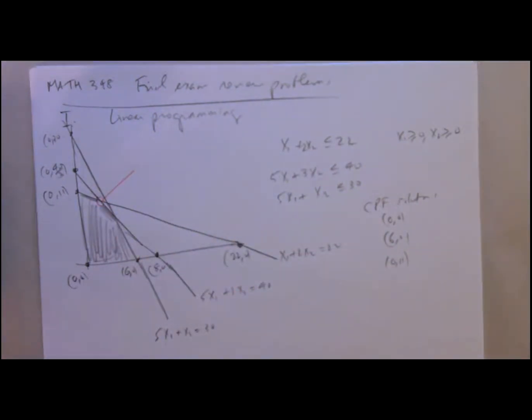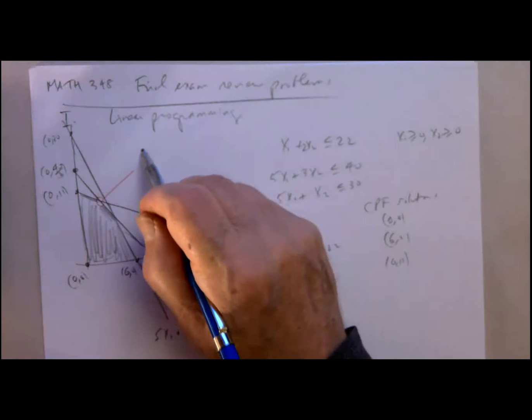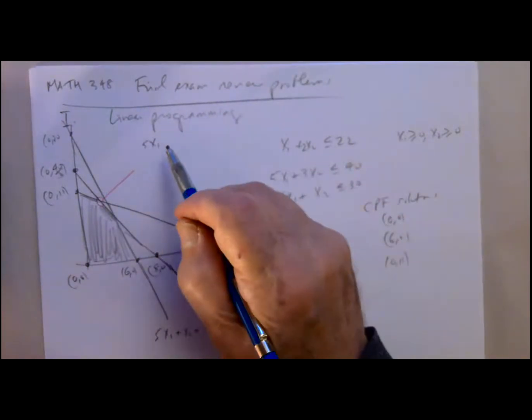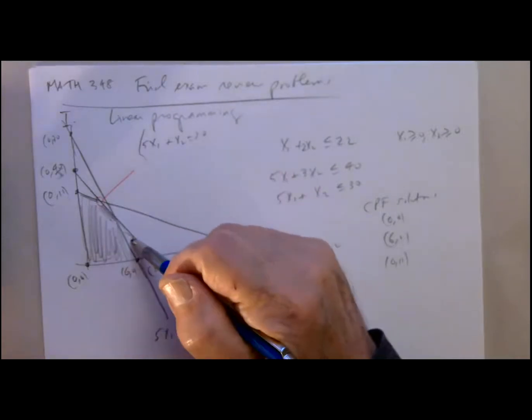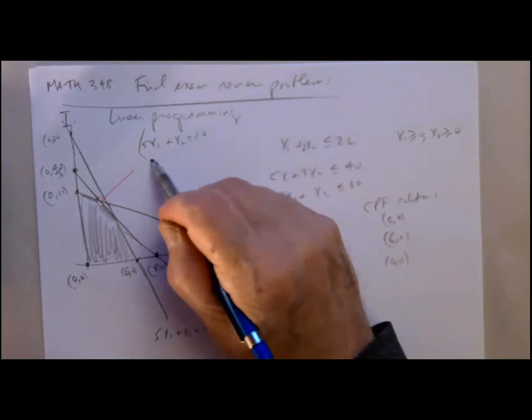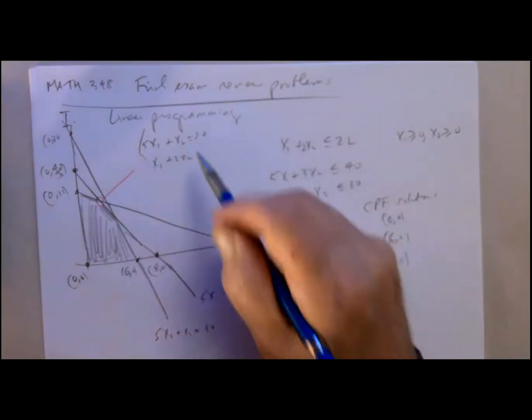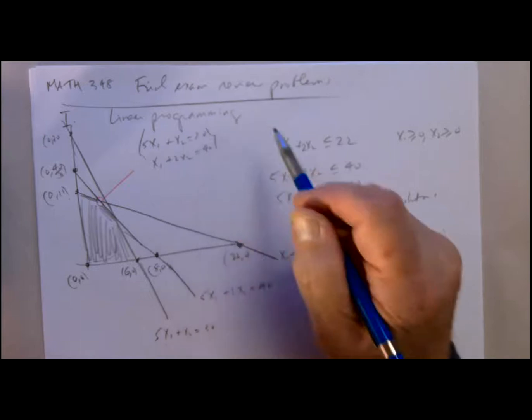That means at this point, we're solving the system of equations 5x1 plus x2 equals 30, and x1 plus 2x2 equals 22.